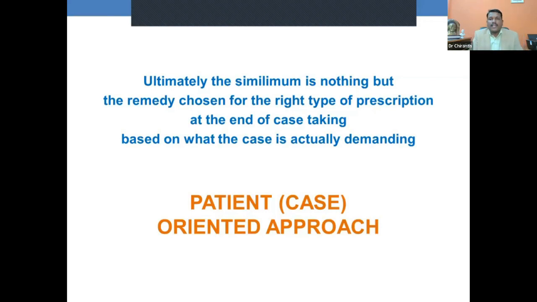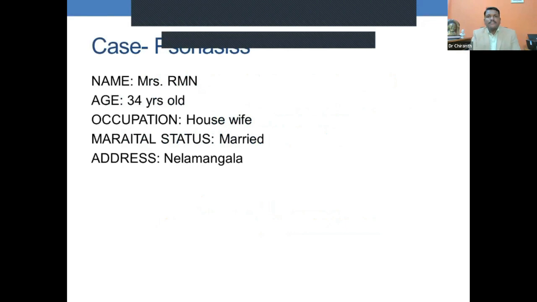By the end of case taking, the ultimate data we collect from the patient, from what he says, from what his relatives or bystanders or attenders accompanying him say, and from the physician's keen observation, all these come together in totality and we come out with a simillimum. So, for such different kinds of cases, let us have a glance, out of my experience.